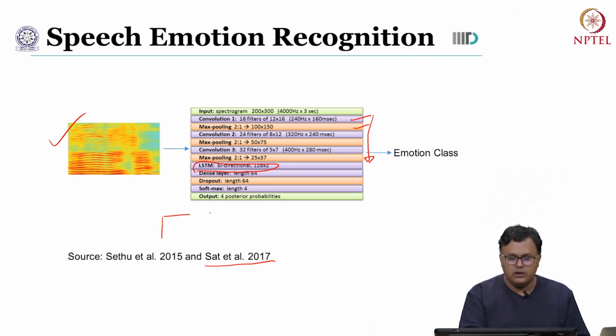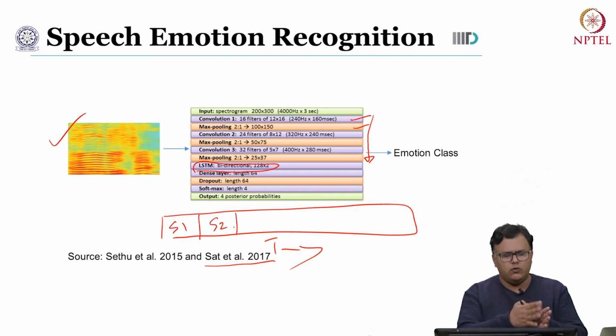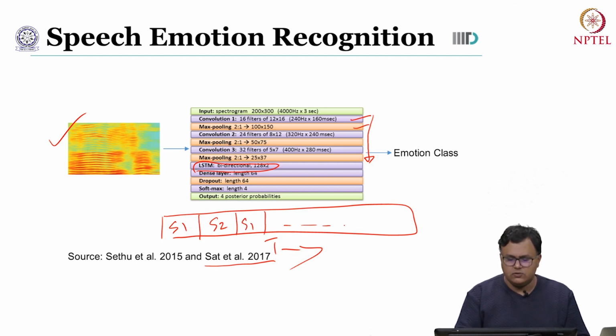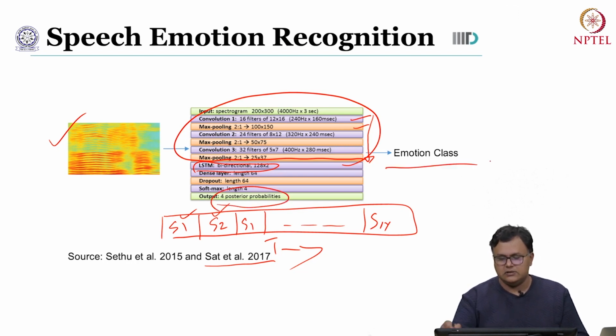So what you're saying is, this was my audio signal, this is time, I have my S1 spectrogram 1, S2 spectrogram 2. Of course, you could have overlapping windows as well, but this is just for visualization, S3 and so forth till S of n. So these are all spectrograms. You input this here, you get the feature representation for each spectrogram, and then you use a recurrent neural network to finally predict the emotion categories, these emotion classes.